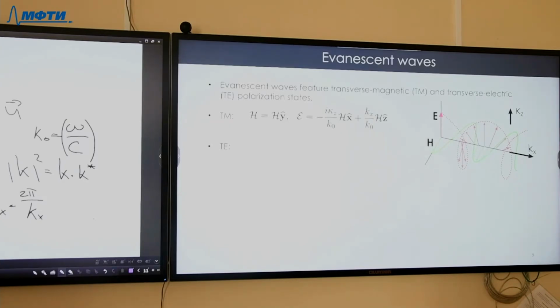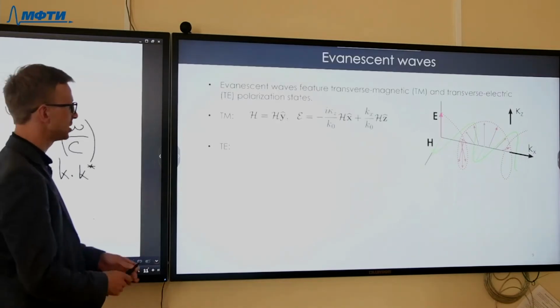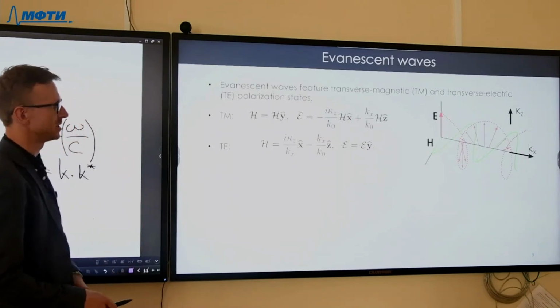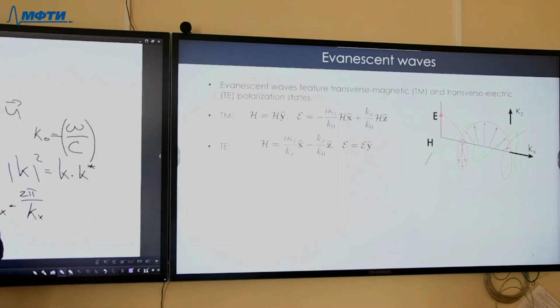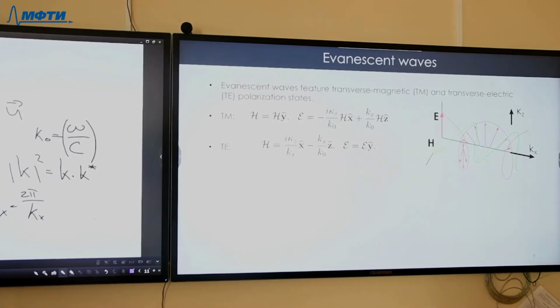But we're gonna look at those effects in the next term. For now, just remember that evanescent waves become more tricky than their homogeneous companions. And we can do, of course, the same for TE polarization by analogy. In TE polarization, it is the electric field that now looks along the y-axis, and magnetic field has longitudinal components collinear with the phase propagation direction.